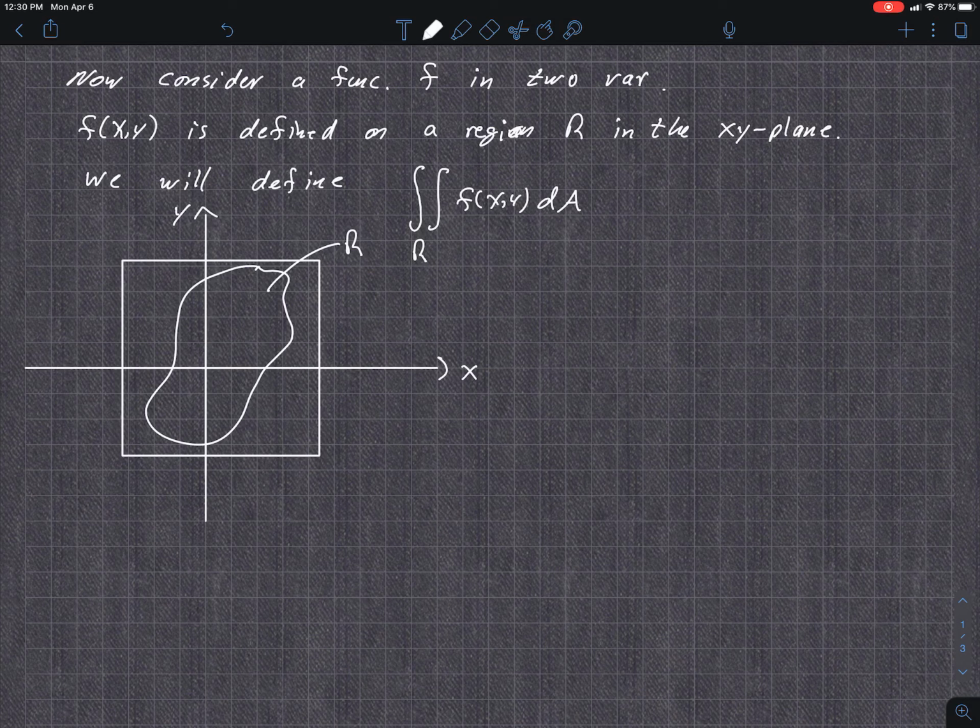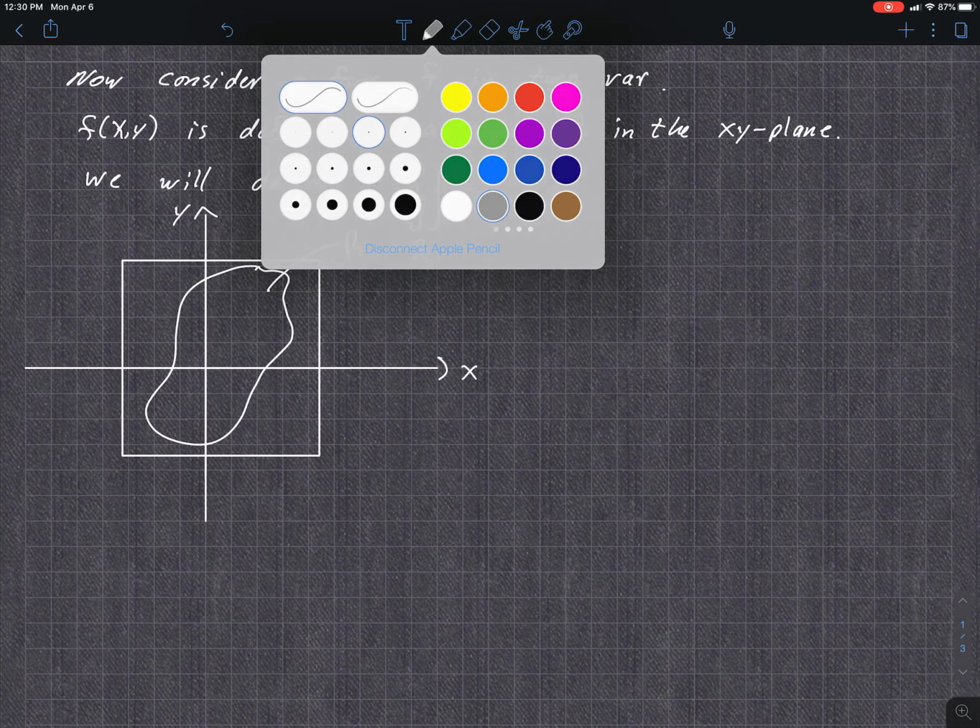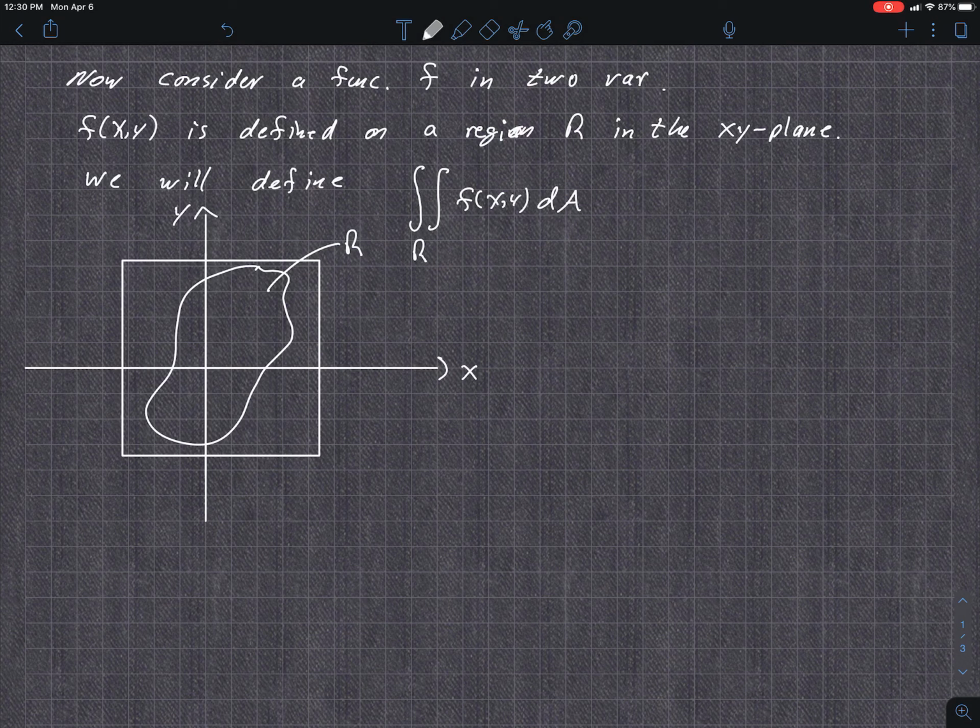And then we partition that outside rectangle. I'll do this in gray. You basically make this partition, and I'll just do it simply, kind of rough, so we're not too picky about everything.